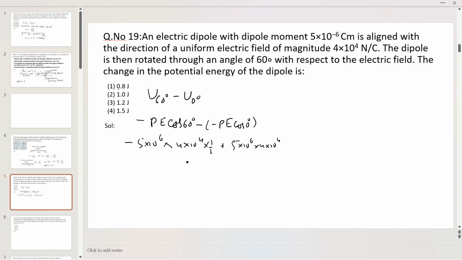When you calculate this, you are going to get half.